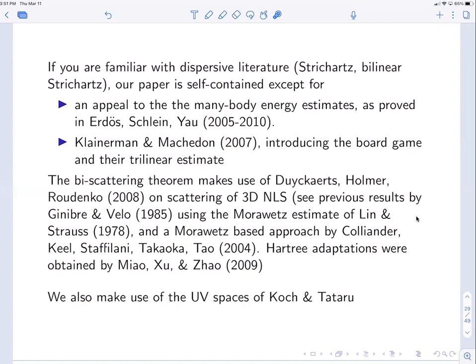In fact, since it's a defocusing problem, the appropriate citations for this are Ginibre and Velo in 1985, and that was done using Morawetz estimates of Lin and Strauss from 1978. There's also a Morawetz-type proof by Colliander, Keel, Staffilani, Takaoka, and Tao. And then Hartree adaptations of all that were given by Miao, Xu, and Zhao. And what we also use in that analysis are the U and V spaces of Koch and Tataru.